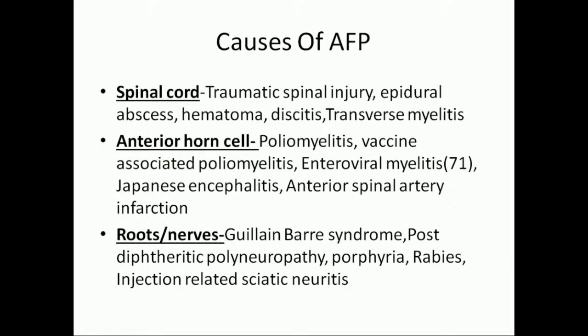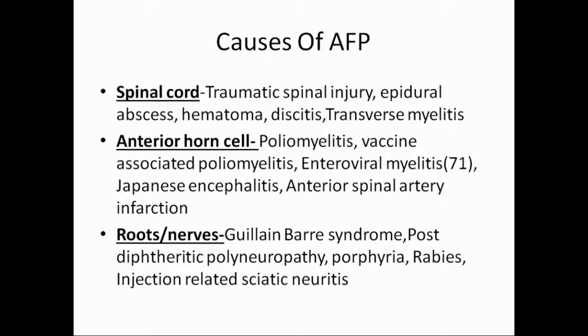So what are the causes of acute flaccid paralysis? We have seen the anatomy. Spinal cord affection may cause acute flaccid paralysis in the acute stage. It may be because of trauma, transverse myelitis, or infection like epidural abscess or hematoma, which may injure the spinal cord. Then there is affection of the anterior horn cell.